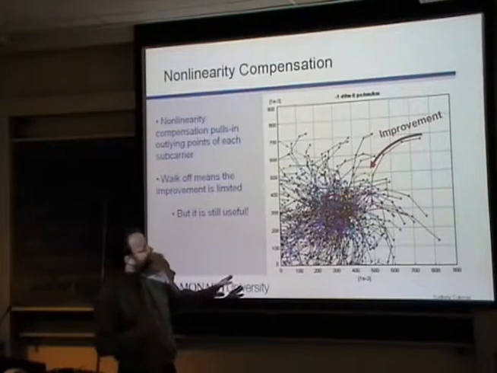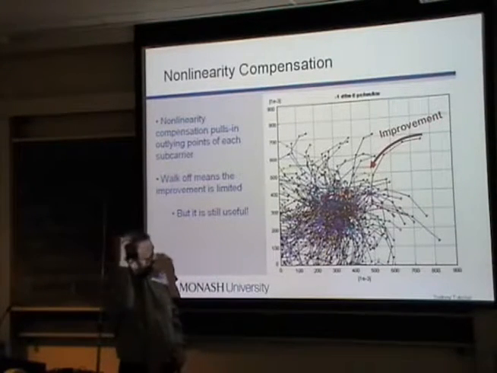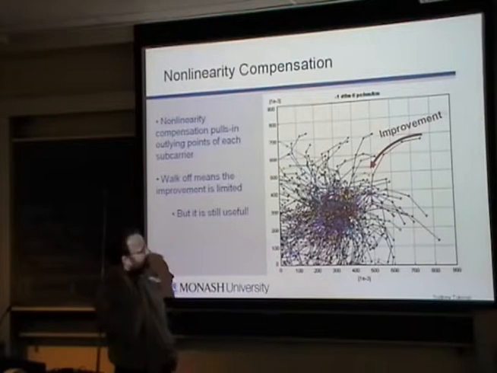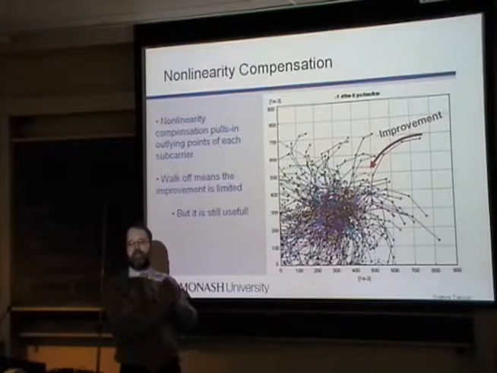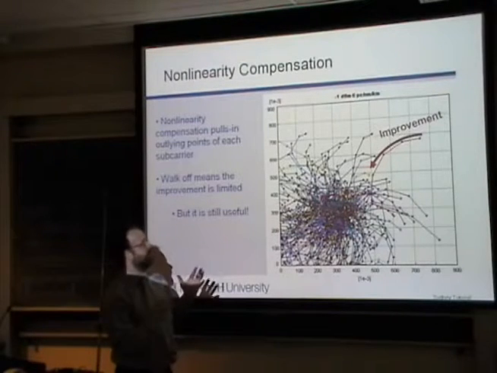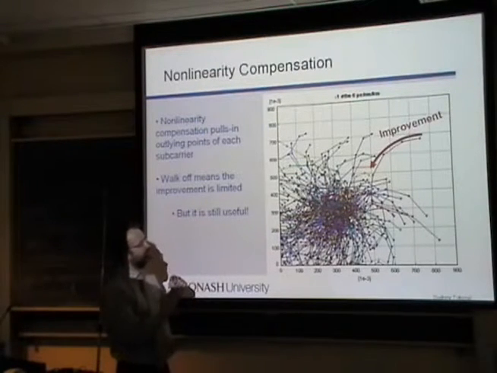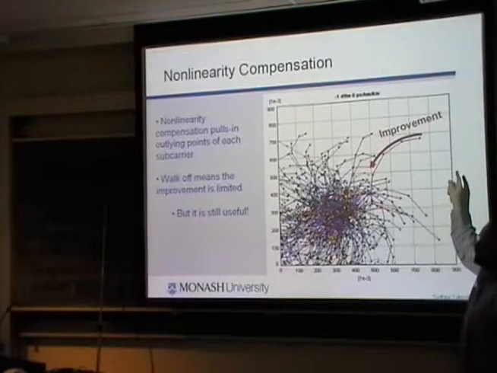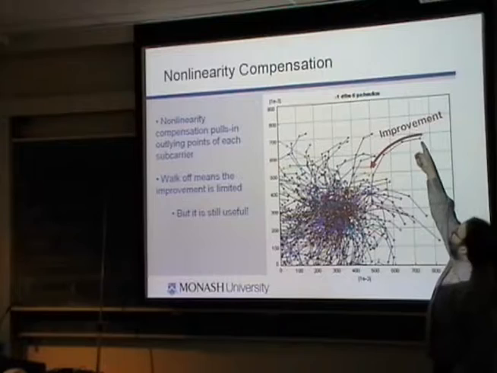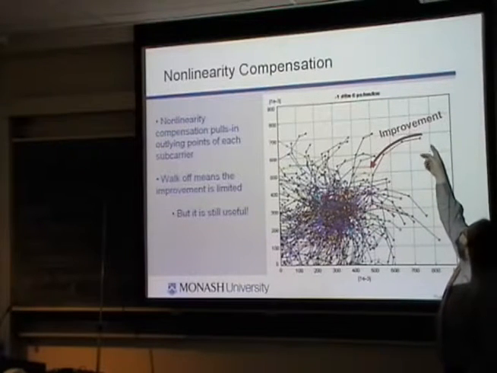This is sort of art, really, rather than science. But what I've done here is I've turned up the coefficient on the nonlinearity compensator. So I've turned up the effective length in my compensation equation. And it's saying one of these subcarriers in the OFDM system would have been out here if I hadn't compensated it.